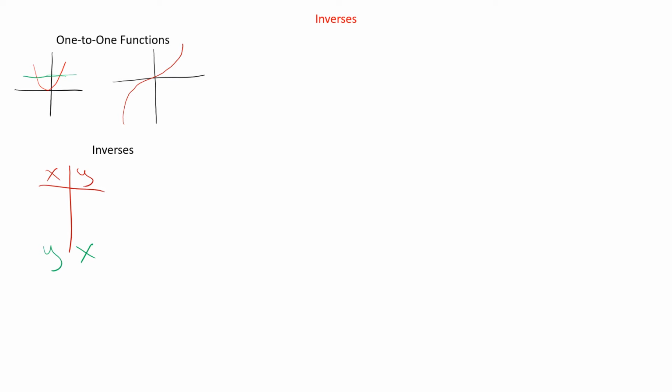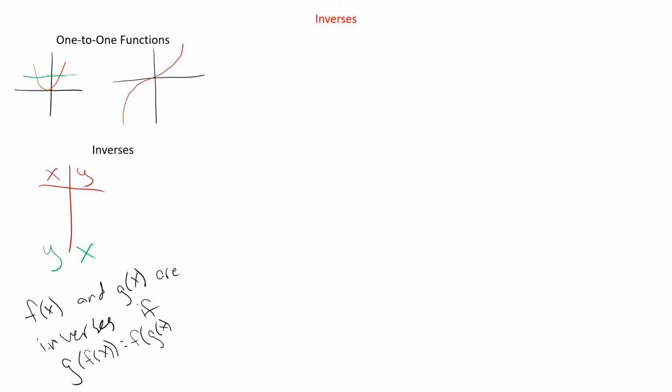And testing to see if something is an inverse, f of x and g of x are inverses if we get a composite function, g of f of x equals f of g of x, which equals x.